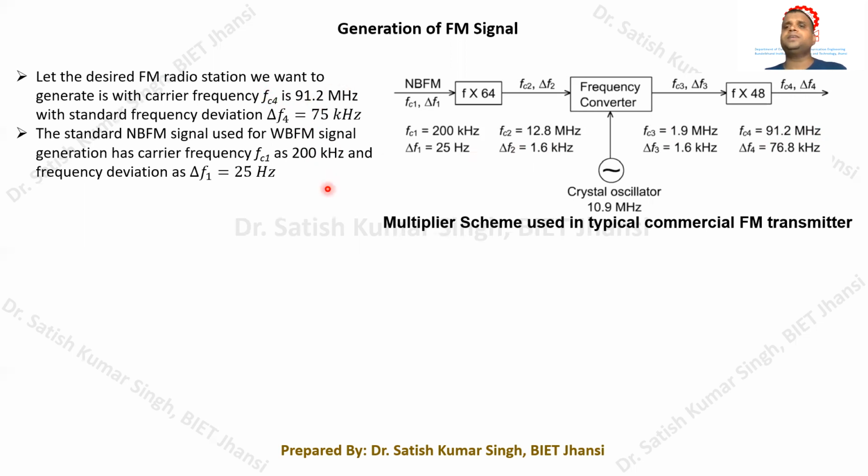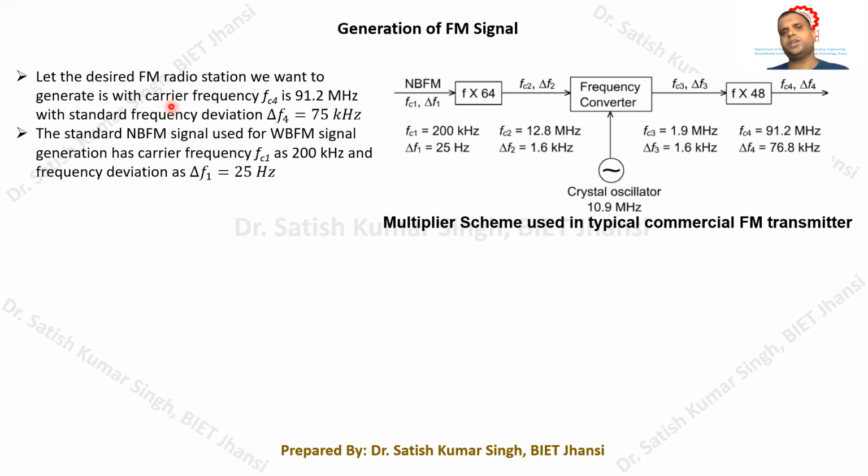Now, there are certain parameters that have to be given to design such an indirect method block diagram for any particular frequency generation. We have certain specifications about the radio station.